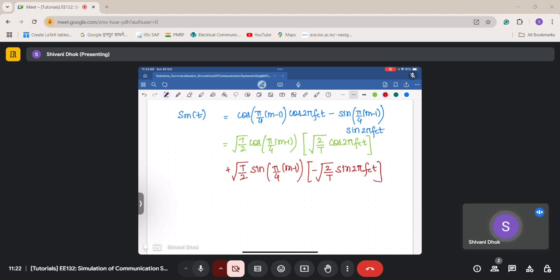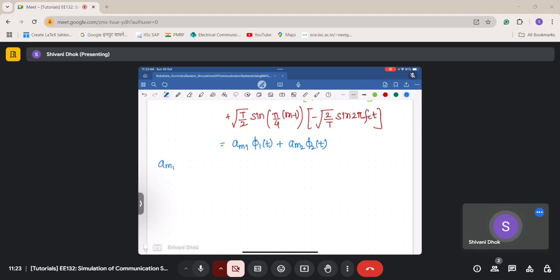So this we can write as a m1 phi 1 of t plus a m2 phi 2 of t, where a m1 is square root of T by 2 cos of pi by 4 (m minus 1) and a m2 is square root of T by 2 sin of pi by 4 (m minus 1).